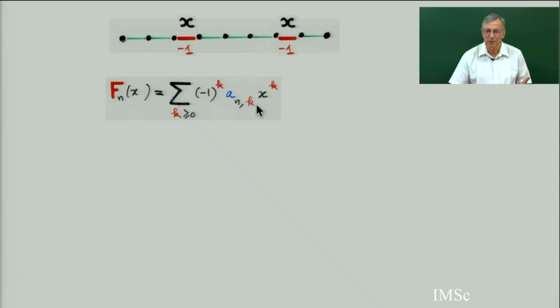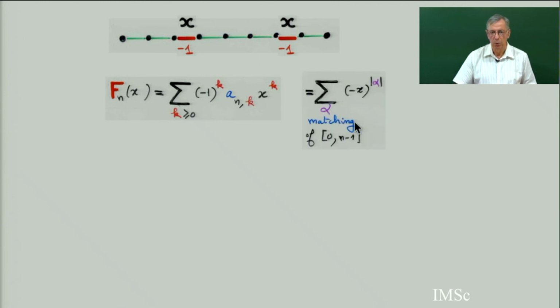It's very similar, but you put minus 1 to the number of dimers, and you put an x for each dimer. So this Fibonacci polynomial is the sum over all possible matchings of minus x to the power the number of dimers.